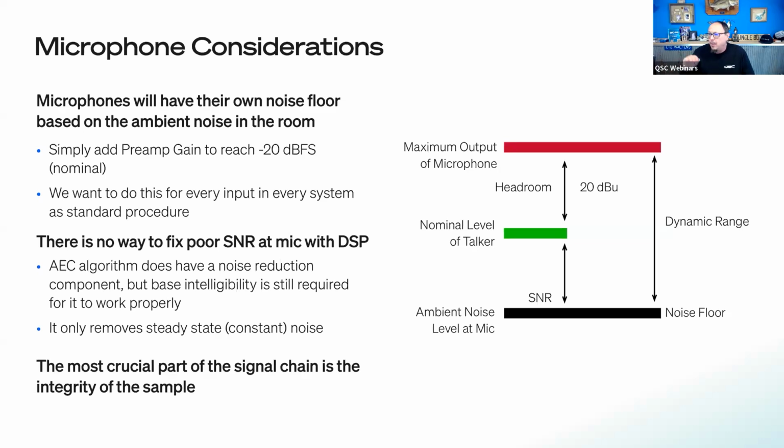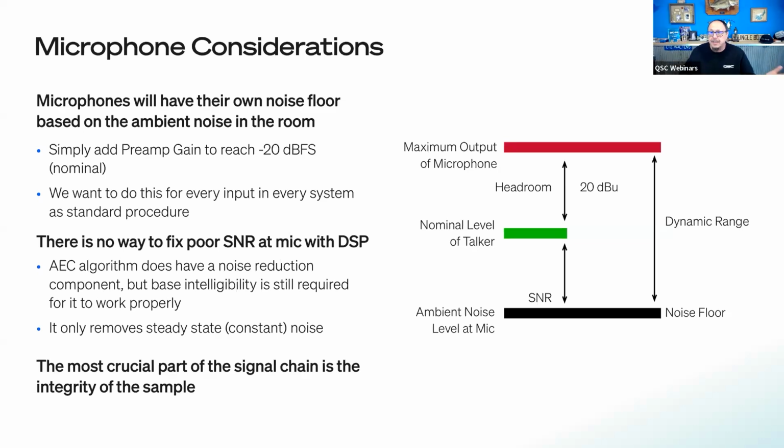Then we want to make sure that we have enough distance between the nominal level at -20 dB full scale and the ambient noise level at the mic. The AVIXA standard for speech intelligibility is 15 dB for a microphone. So if I'm at -20 and I need at least 15 dB of signal to noise ratio, that tells me that from -20, I go to -30, -35.